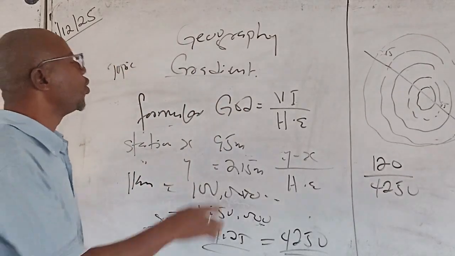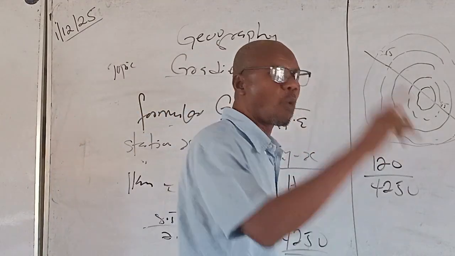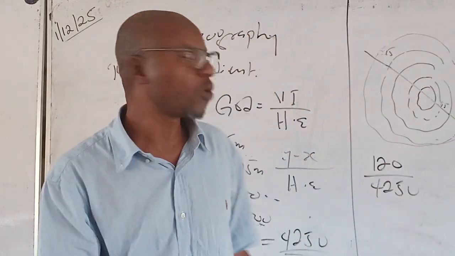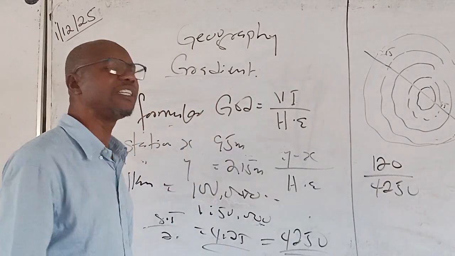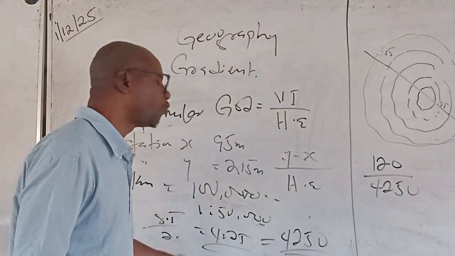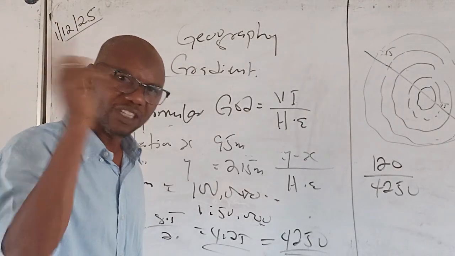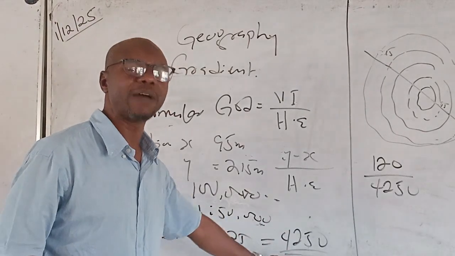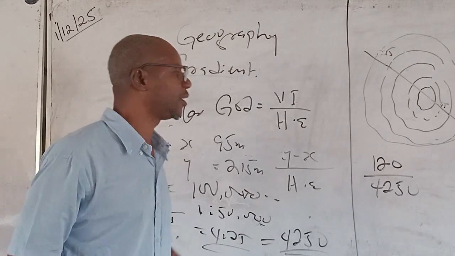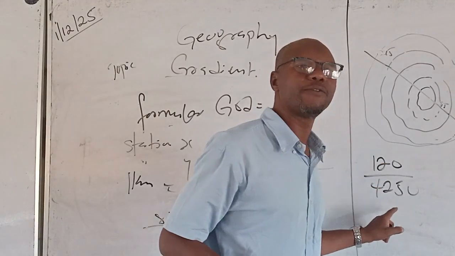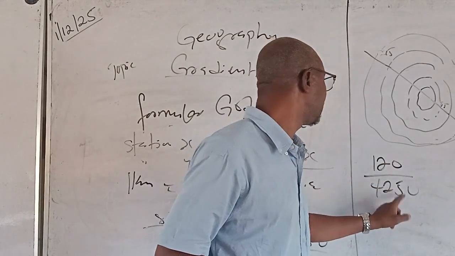What do you do now? Since you have the scale of the map, 1:50,000 means half of 100,000 is 50,000. So 8.5 divided by 2 gives 4.25 in kilometers. Multiplied by 1,000, you have 4,250. So this is the last formula now: 120 divided by 4,250.